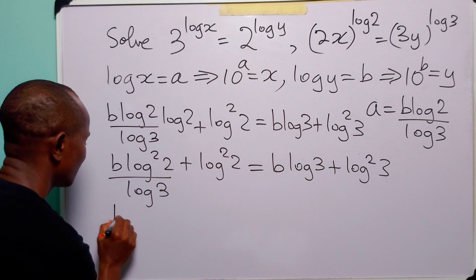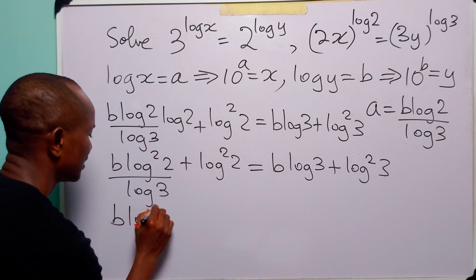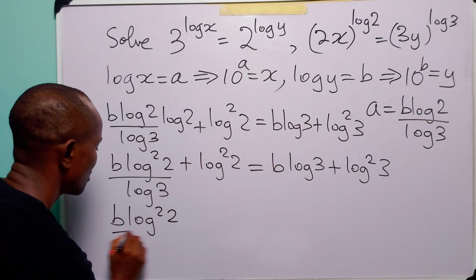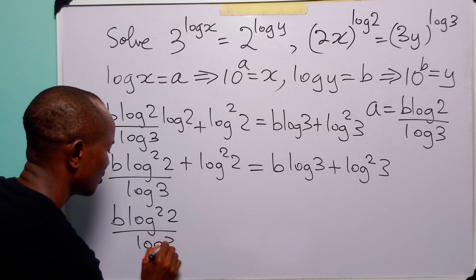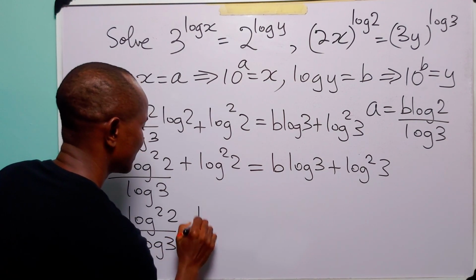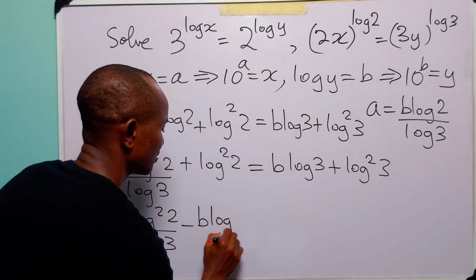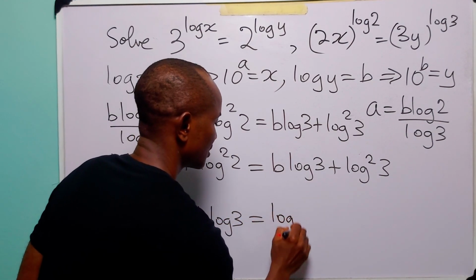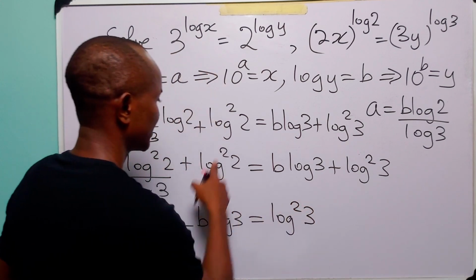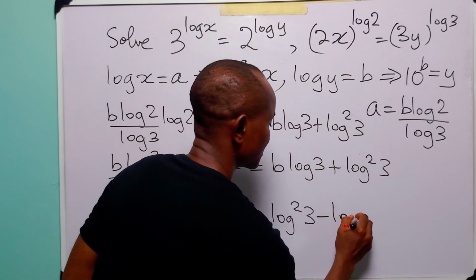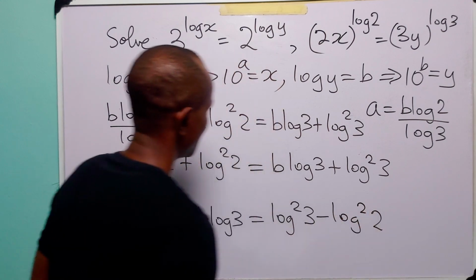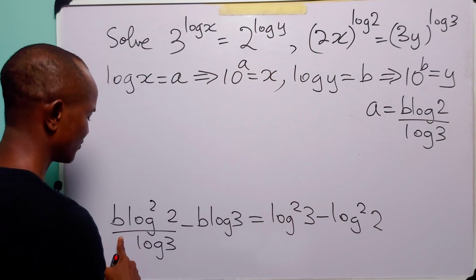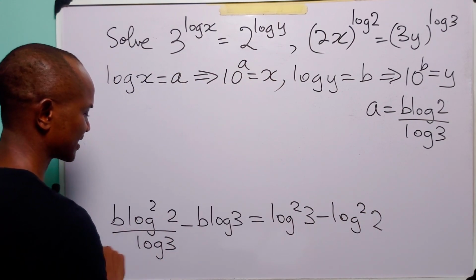When we do that, we have b log²2 over log 3 minus b log 3 is equal to log²3 minus log²2. Now we can factorize b out of this expression.